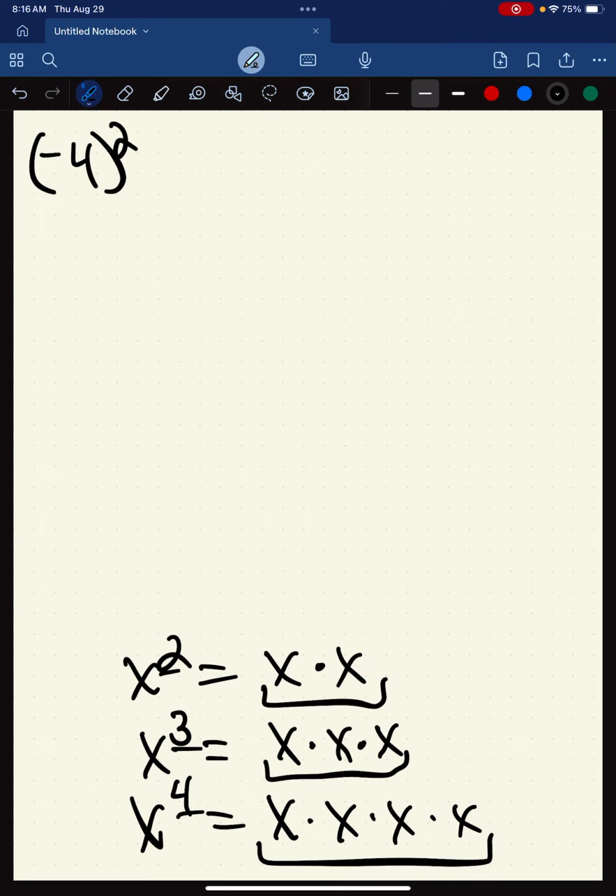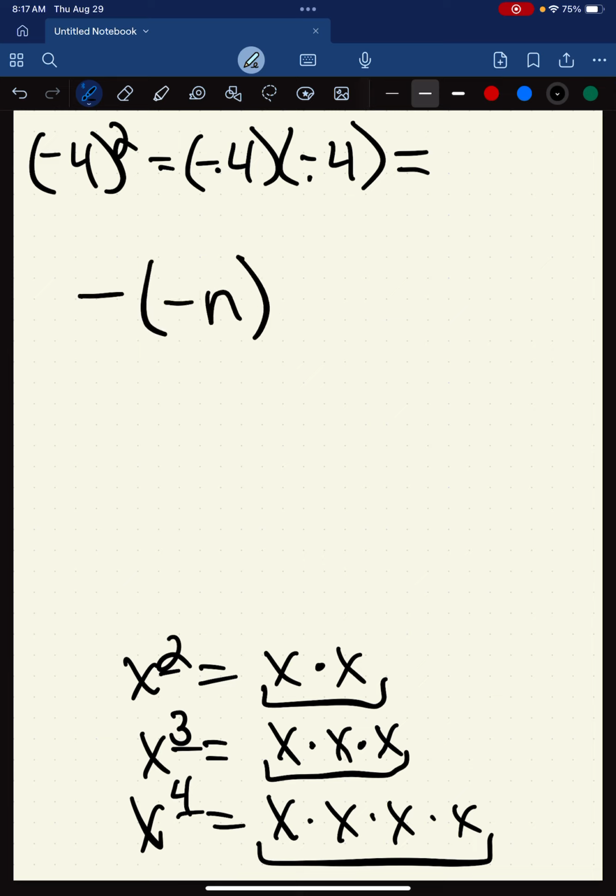Negative 4 squared is going to be negative 4 times negative 4. Whenever we multiply these, as we'll see in lecture 2.3, the next lecture, those negatives are going to say the opposite of, which in reality is doing nothing, since the opposite of the opposite of a number is just that number. So it's going to be 4 times 4, which is 16.